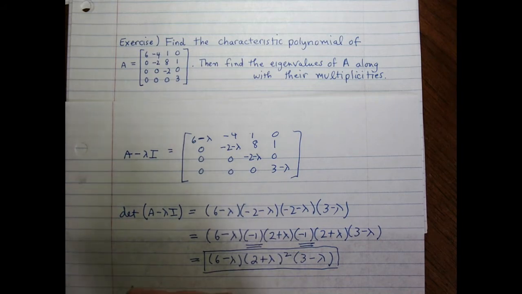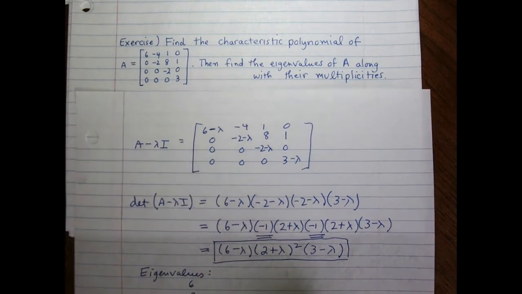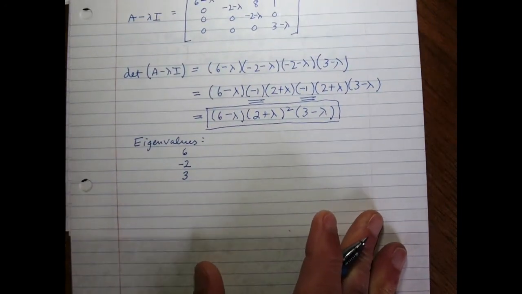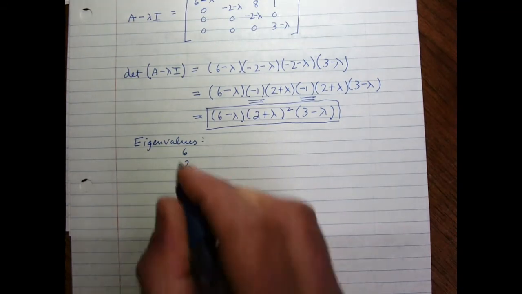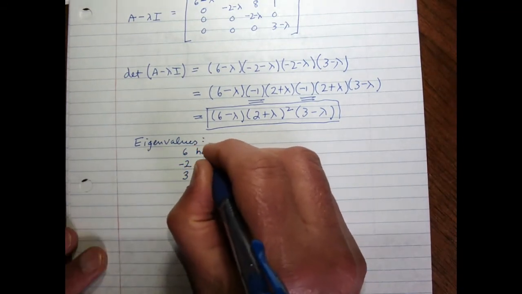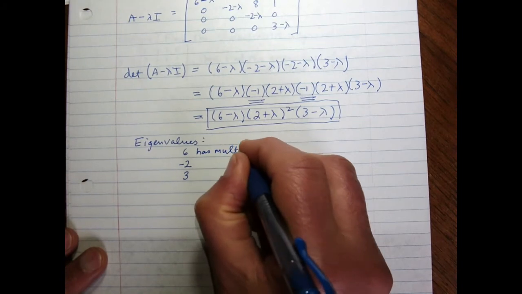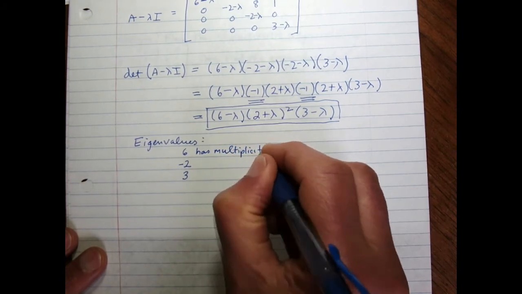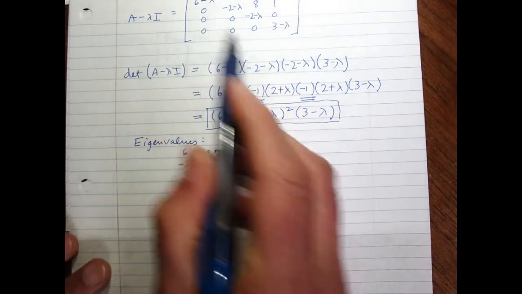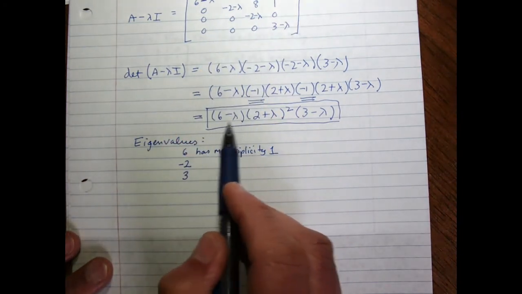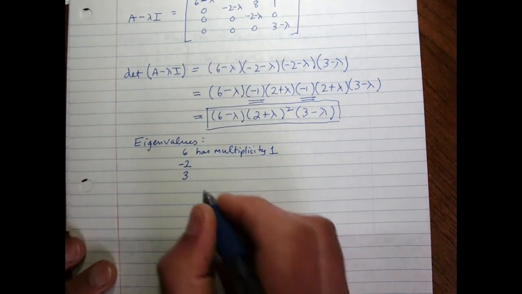Now, we know the eigenvalues, and we actually knew the eigenvalues before. The eigenvalues are going to be 6, -2, and 3, but one point of this is I just want you to see the way we talk about multiplicity. So 6 has multiplicity 1. There's only one factor of 6 minus lambda in the characteristic polynomial.